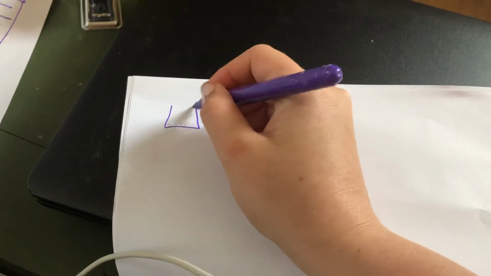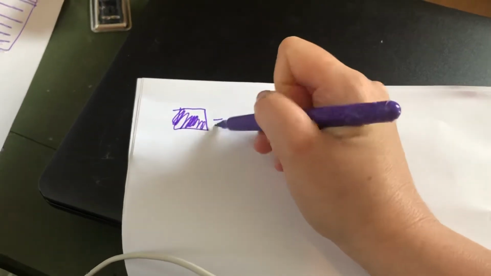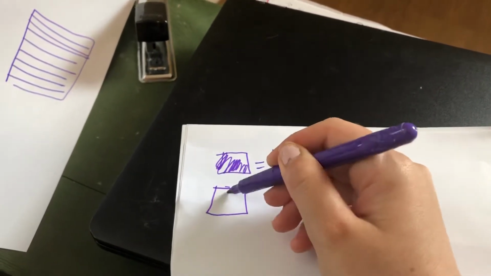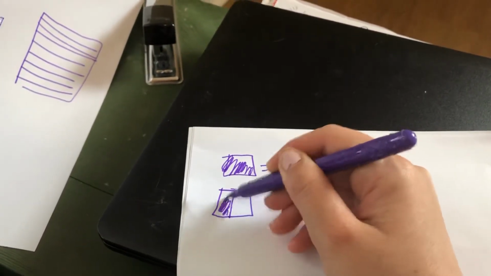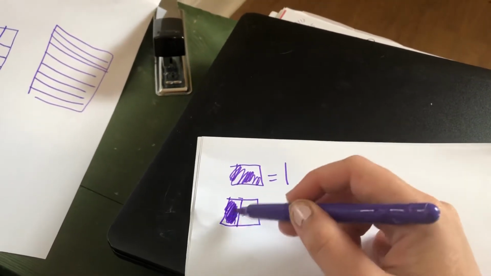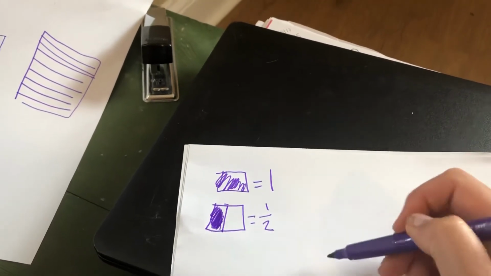So let's review our fractions. Let's draw a square pizza. Okay, the whole piece is there. But if we took that pizza and we cut it in half, so that piece is gone, we only have one piece left, then we only have 1/2 of the pizza.